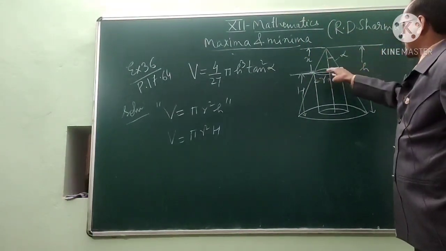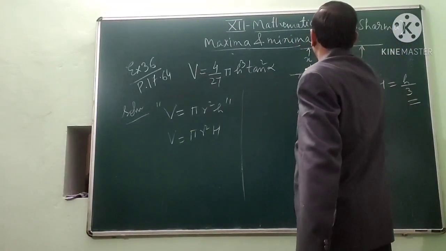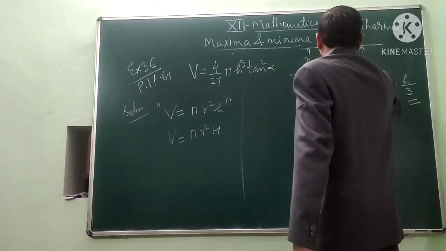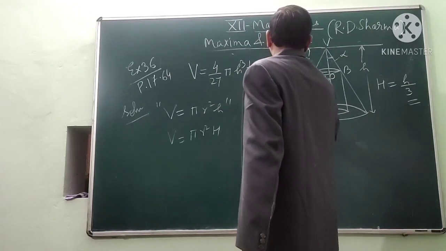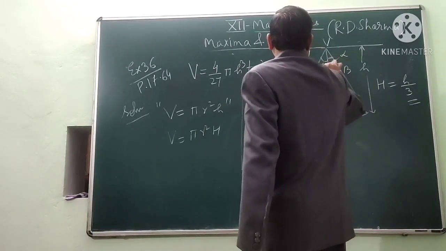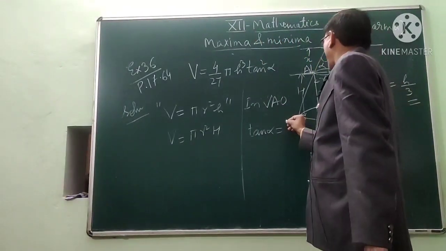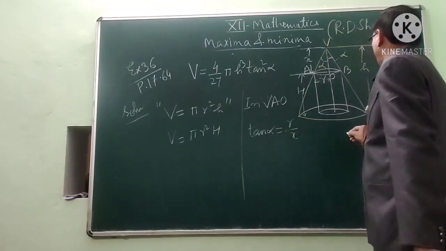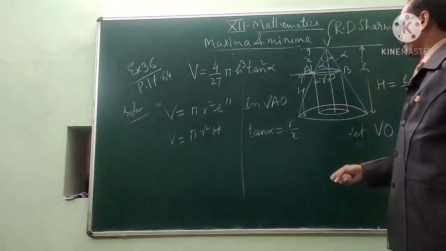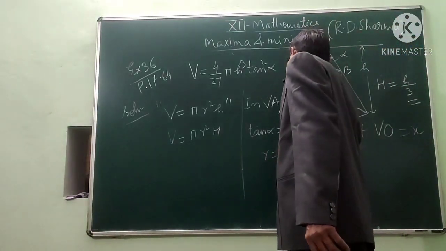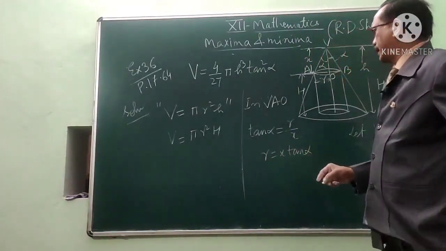Then in triangle VAO, this angle is also alpha. So tan alpha equals r upon x. Let VO equal x. Then r equals x tan alpha. It is the radius of the cylinder.